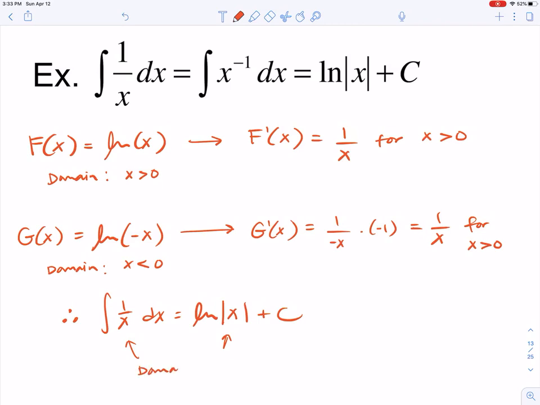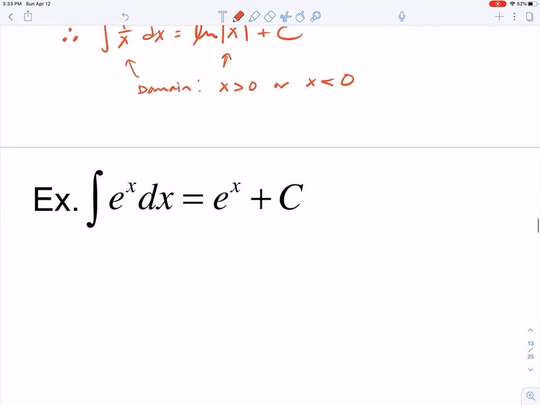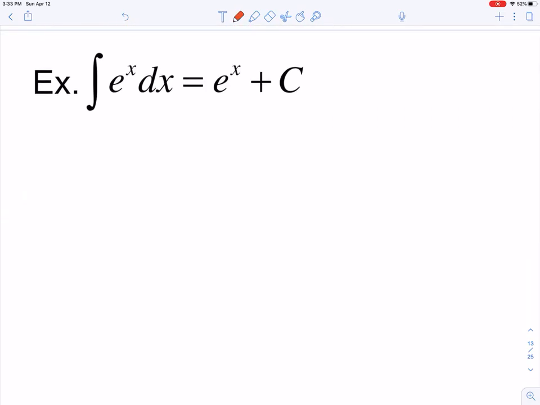Okay, so now both of these functions will have a domain of x strictly greater than 0 or x strictly less than 0, all real numbers except when x is equal to 0.